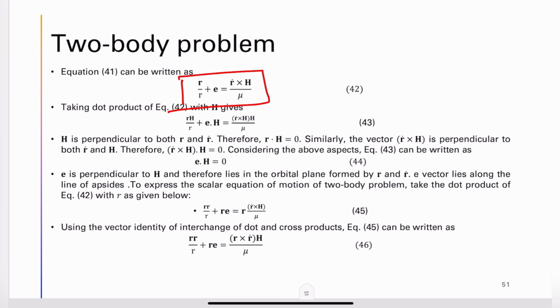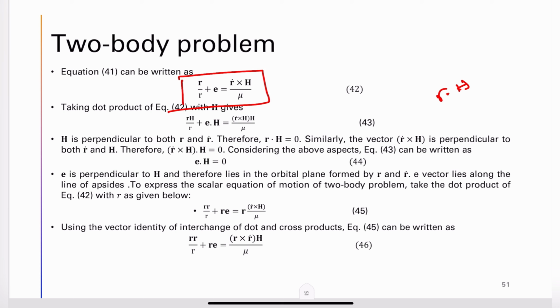Now we are taking the dot product of expression 42 with h, that is, with respect to angular momentum. We know h is perpendicular to r and r dot, which means r dot h is nothing but 0. Similarly, the vector r dot cross h is perpendicular to both r dot and h.